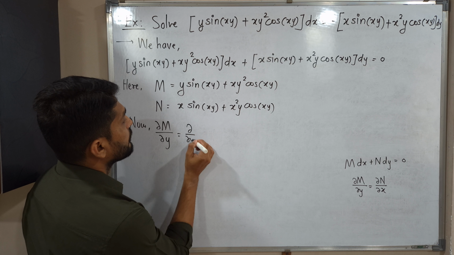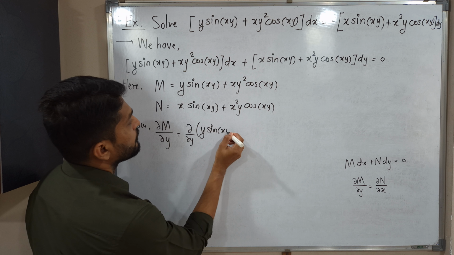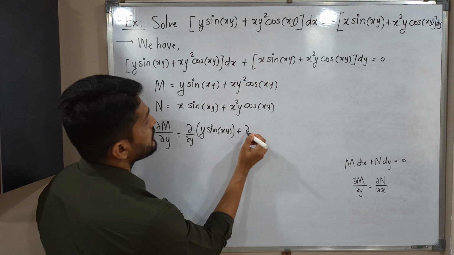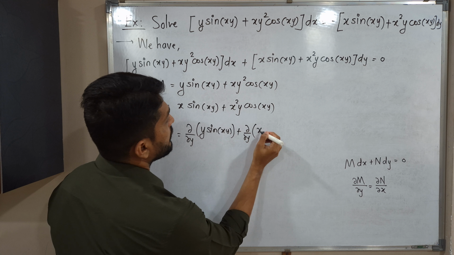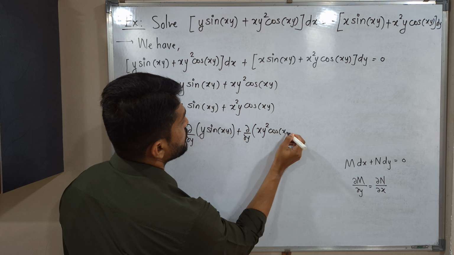So the derivative of y sin xy plus the derivative of xy square cos xy. If there are any constants, I always take them outside.